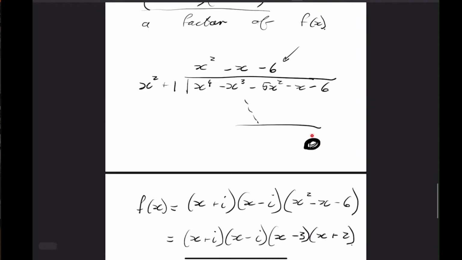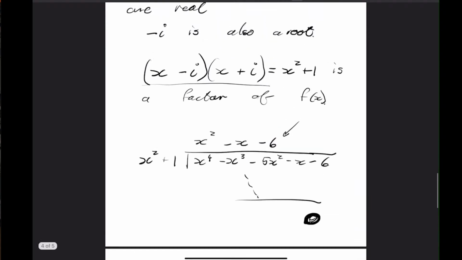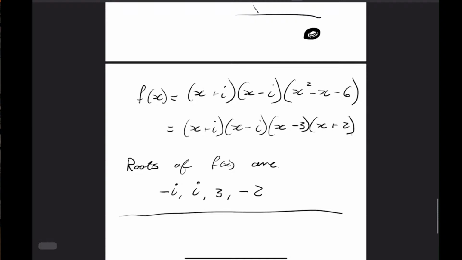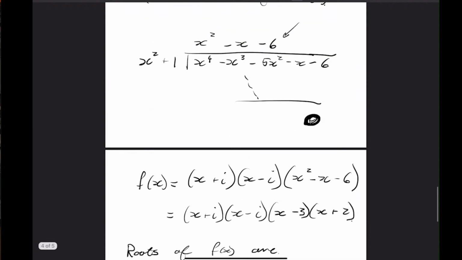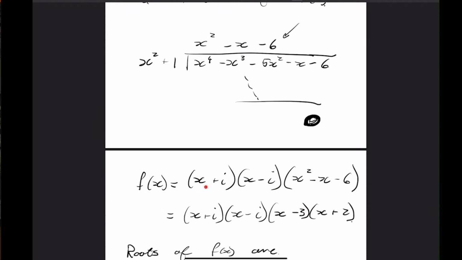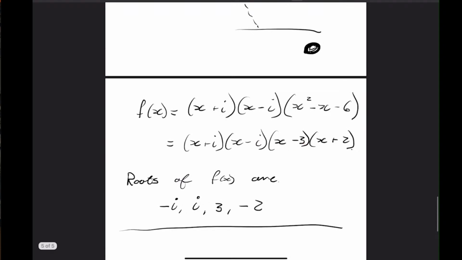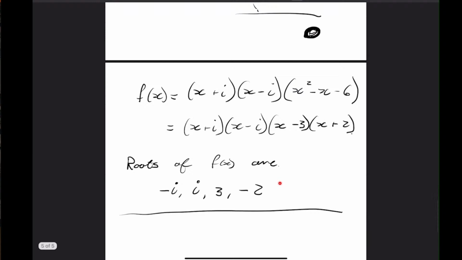We should get a 0 remainder, otherwise we made a mistake somewhere else. We see that the quotient is x squared minus x minus 6, and that one we factorize fairly easily. So we find the 4 roots of f of x, which are minus i, i, 3, and minus 2.